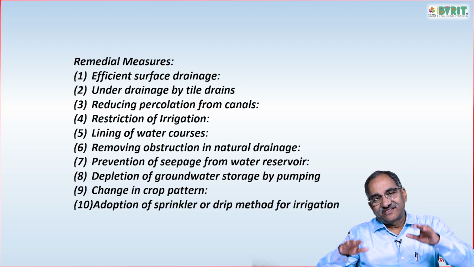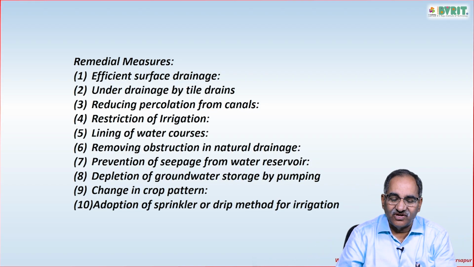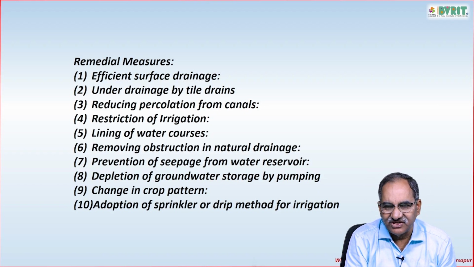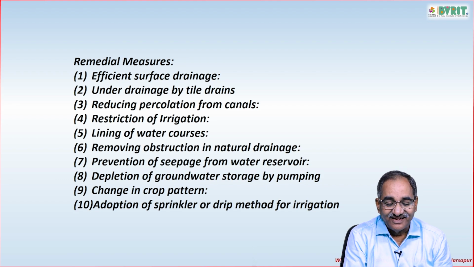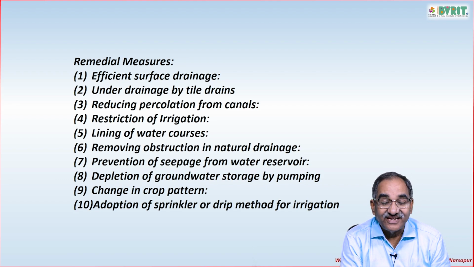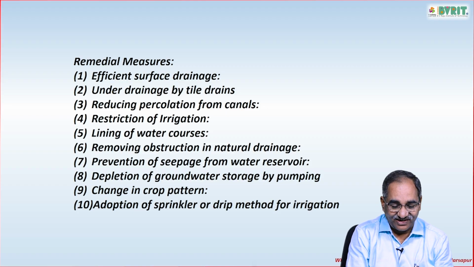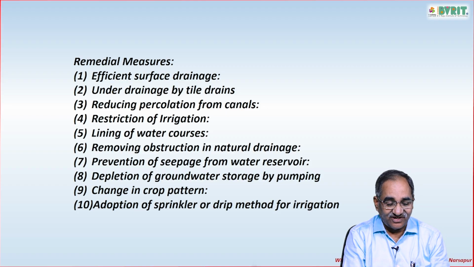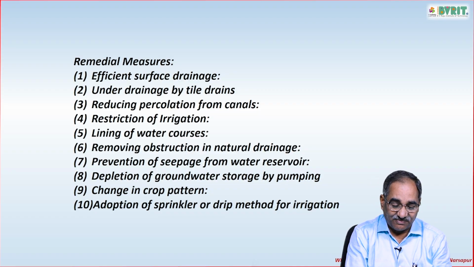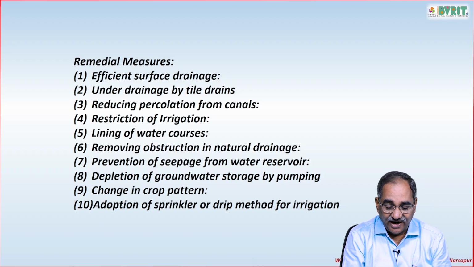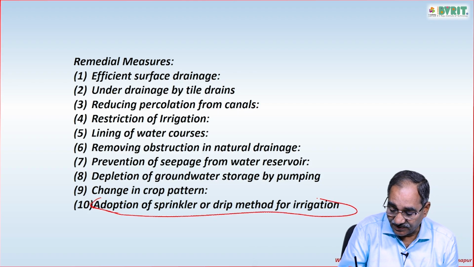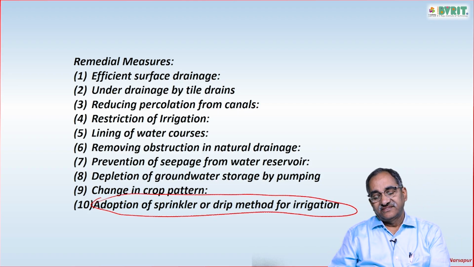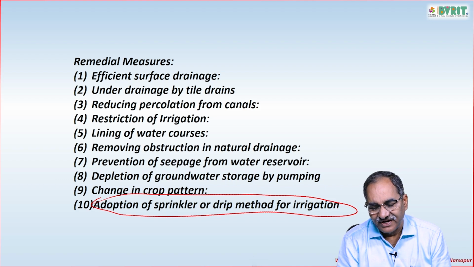And once again, remedial measures I will talk in nutshell overall together, because it is an excellent question, what are the remedial measures for waterlogging? Efficient surface drainage, under drainage by tile drains, reducing percolation from canals, restriction of irrigation, lining of water courses, removing obstruction in natural drainage, prevention of seepage from water reservoirs, depletion of groundwater storage by pumping, changing in crop patterns, adoption of, very, very important, sprinkler or drip irrigation that really helps in over irrigation of lands.